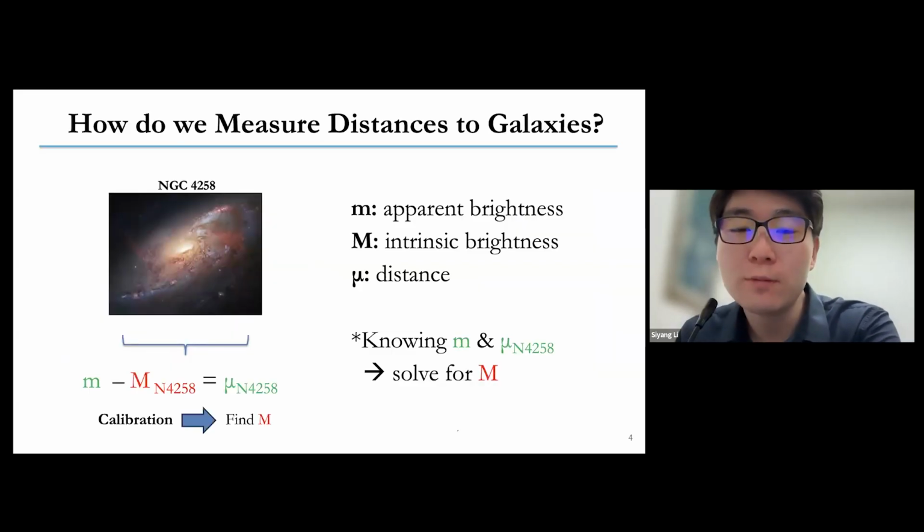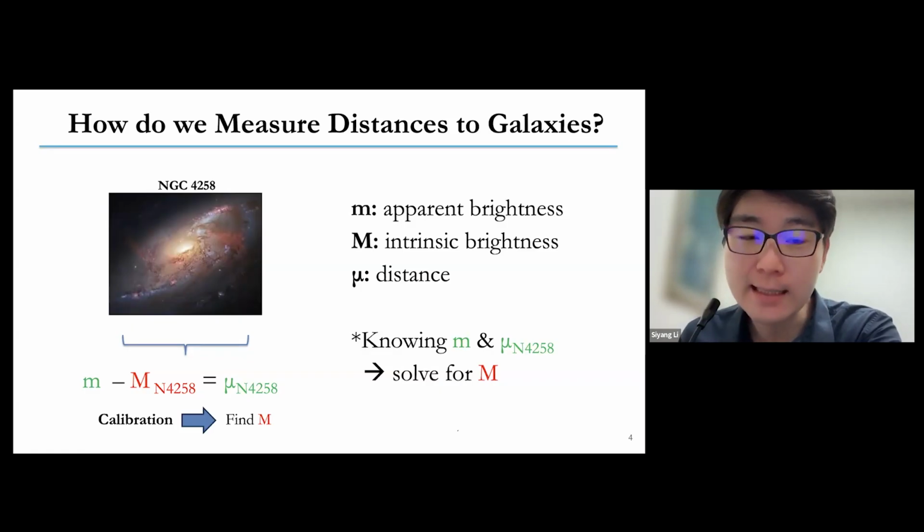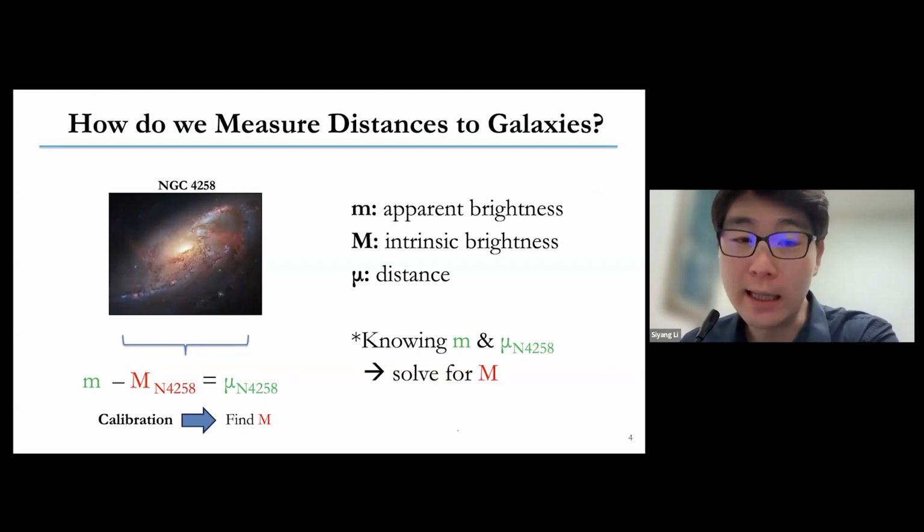So in practice, when we construct the distance ladder, our first step is we want to calibrate the intrinsic brightness of our candle, such as Cepheids or TRGB. Essentially, this means we want to first find what capital M is for our candle. Now, we typically do this with nearby galaxies such as NGC 4258, where we already have a geometric distance readily available.